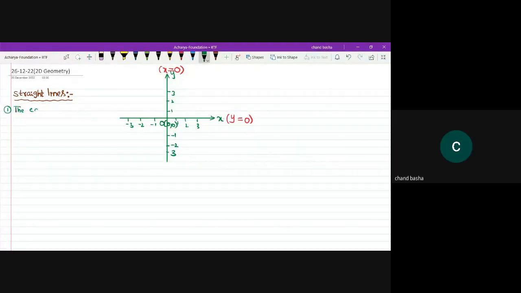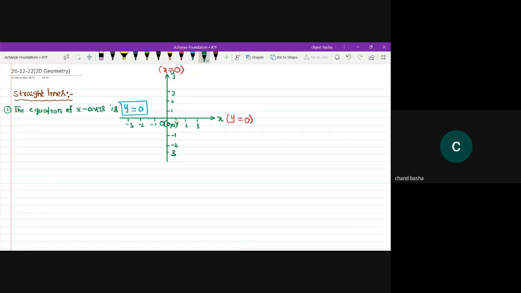Ritvik, can you keep in mute? Equation of x-axis is, what is that? You told me that, sir, y is equal to 0. This is the equation of x-axis.